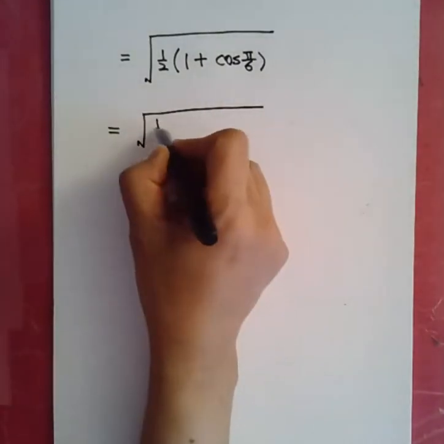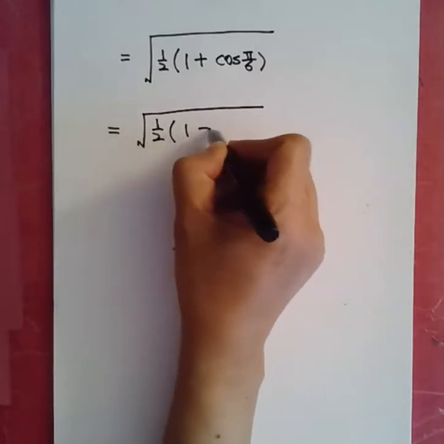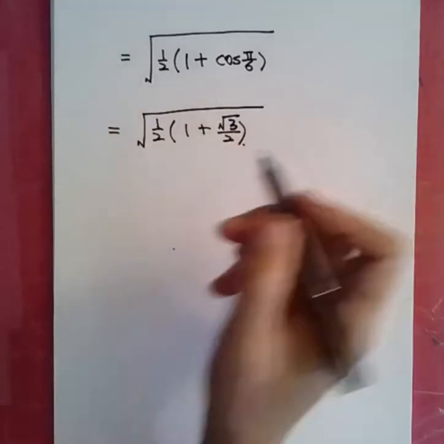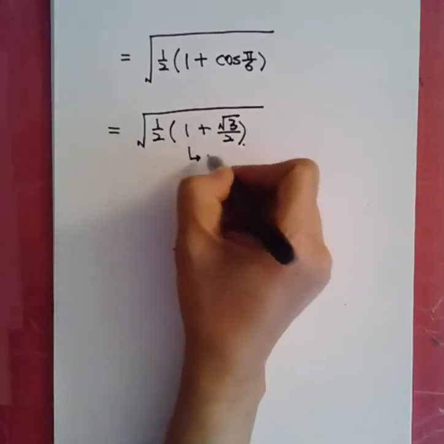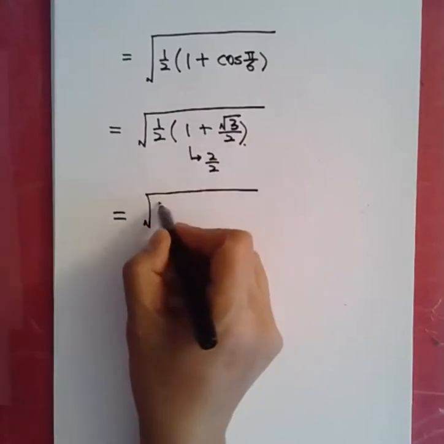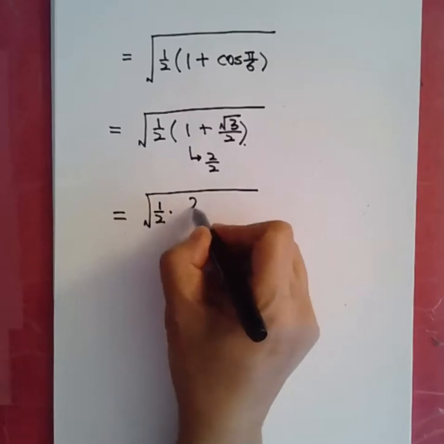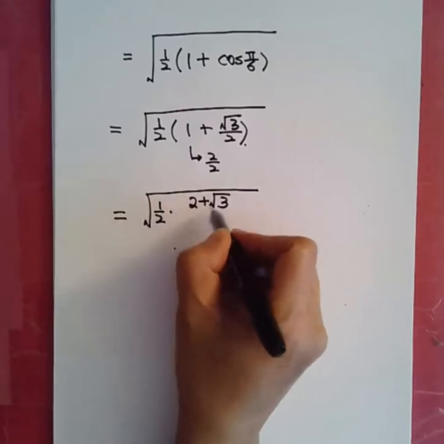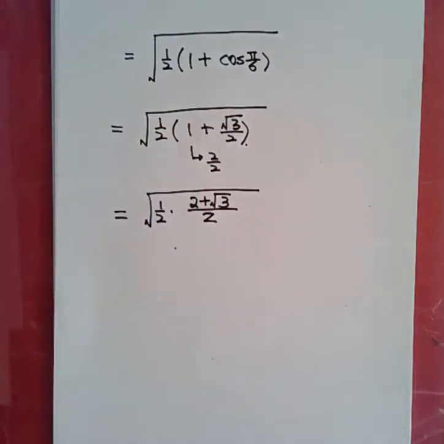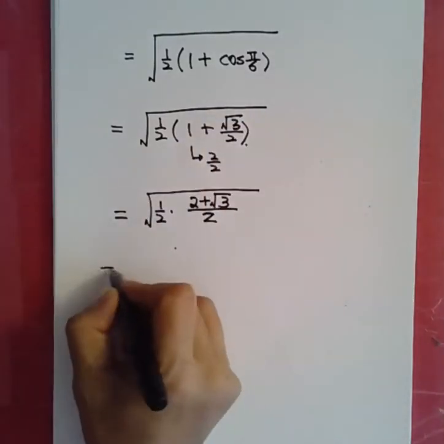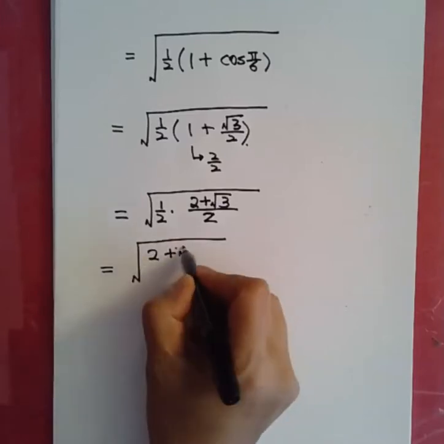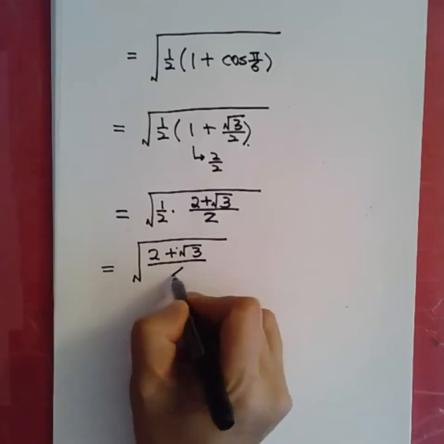Then that is 1 over 2 times 1 plus square root of 3 over 2. 1 is 2 over 2, so we can rewrite that as 1 over 2 times 2 plus square root of 3 over 2, because the common denominator is 2. So that is square root of 2 plus square root of 3 over 4.